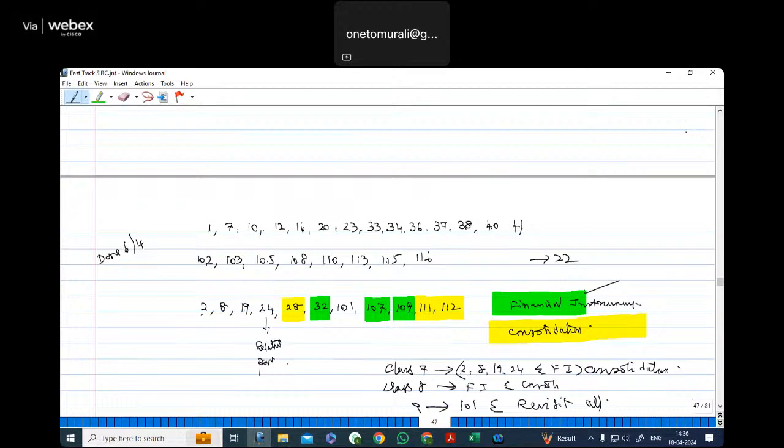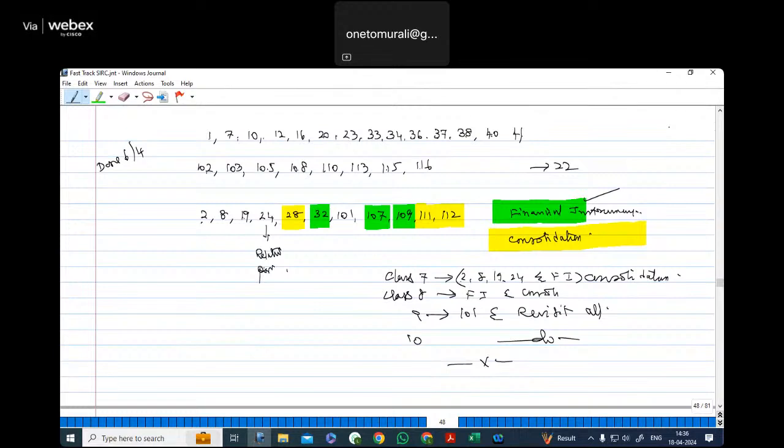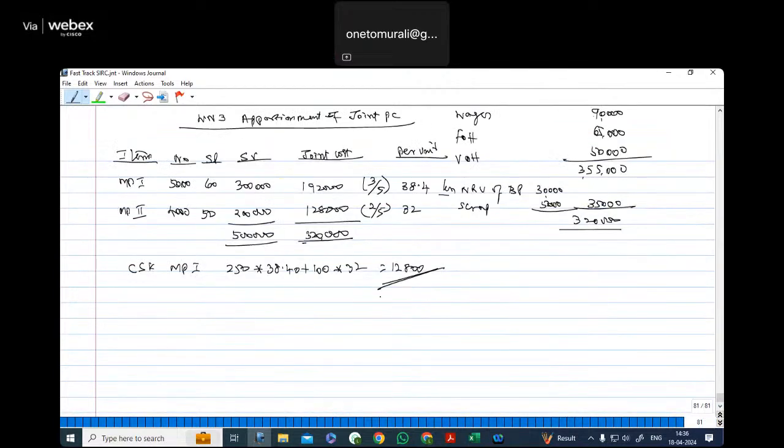So we have just done 2, we have done 19, we have done 8, we will be doing 24, financial instrument, consolidation, and 101. Right. So now let us take up Ind AS 8. This is on page number 48.